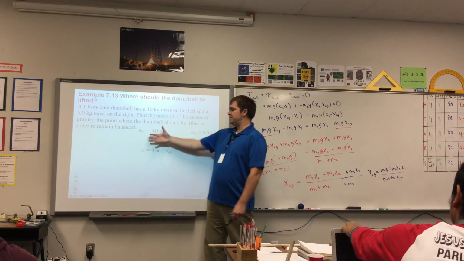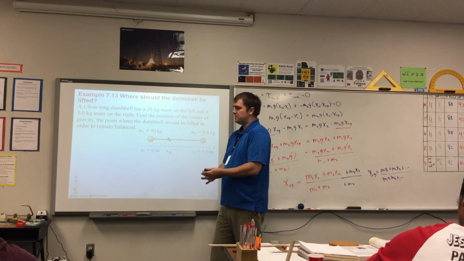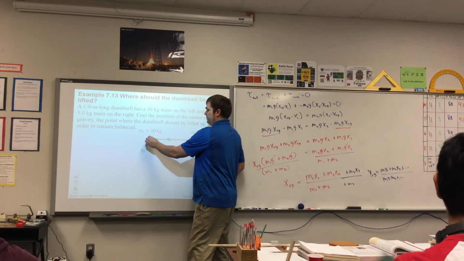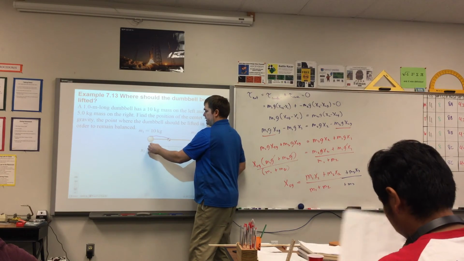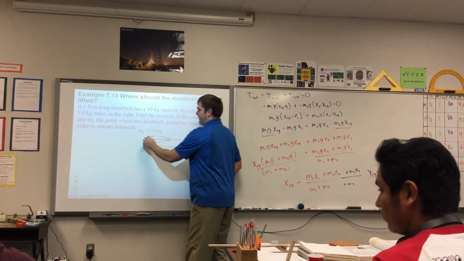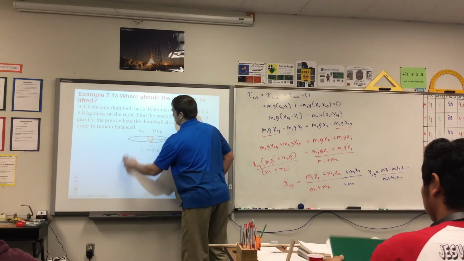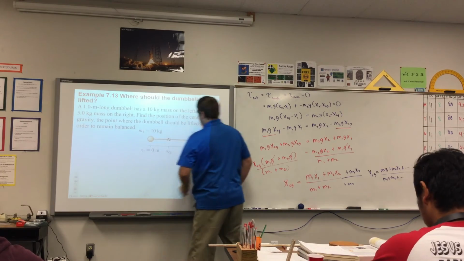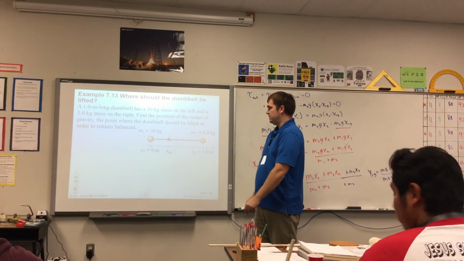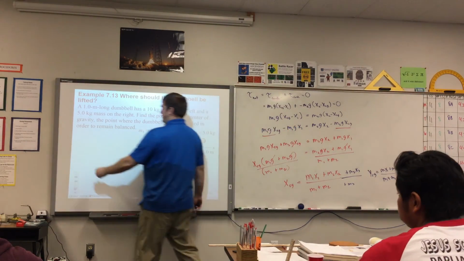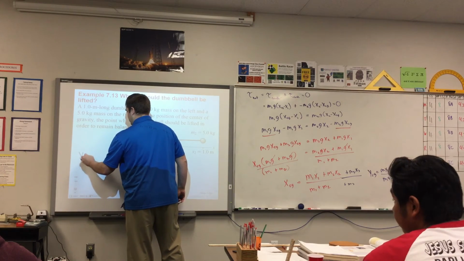It's heavier on this end. Maybe the object looks something like this, with more mass over here, and it may even extend over there, but we're going to treat this whole end as if the mass is located right there. And boom, finding the center of gravity is literally this easy.